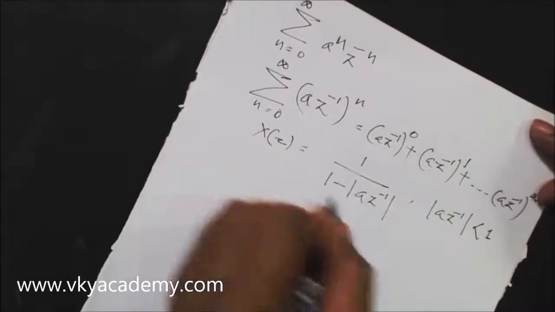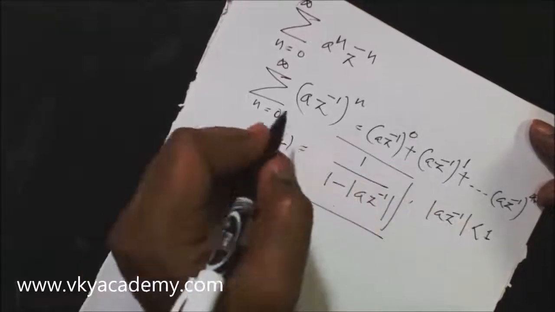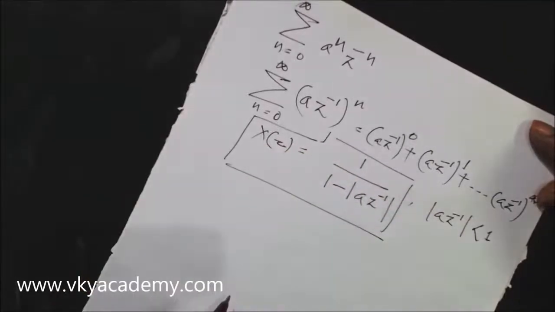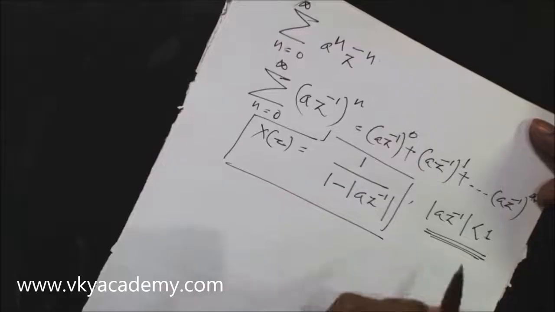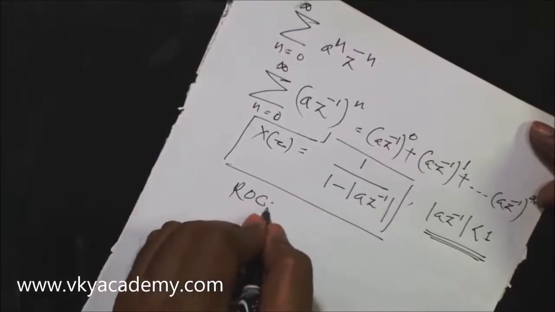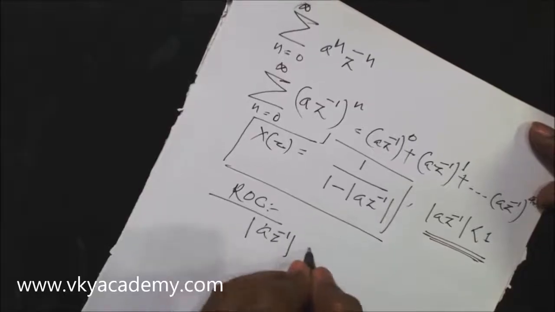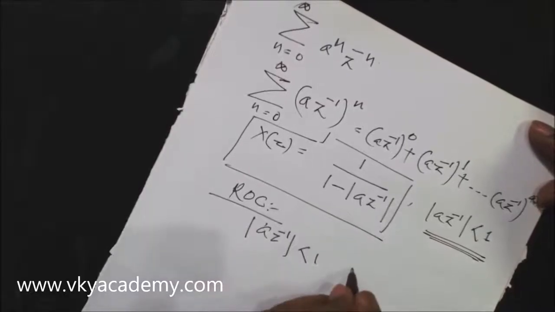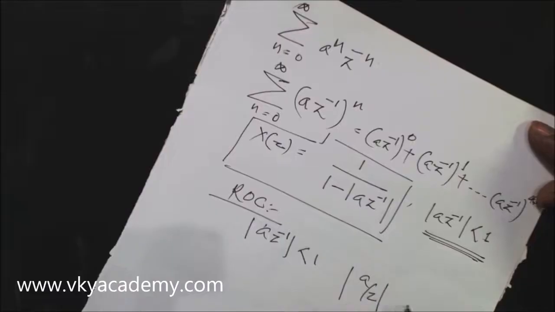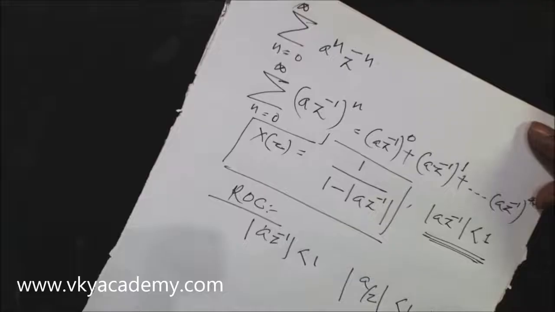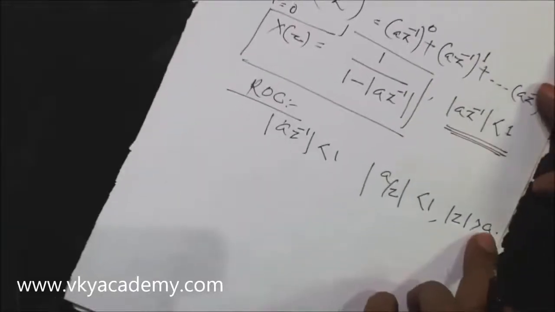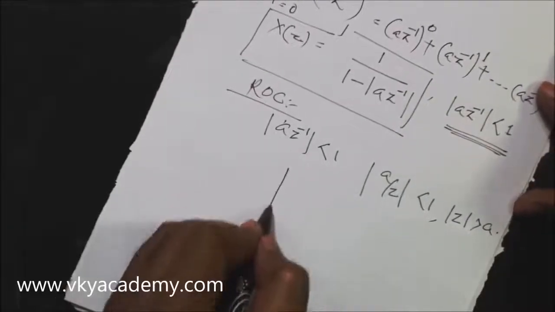So this particular result is the z transform of the function a to the power n u of n, and the region of convergence can be determined from this condition. Mod a z inverse is less than 1, or you can say a by z is less than 1, or finally you can say mod z is greater than a, where a is the radius of the circle in the z plane.